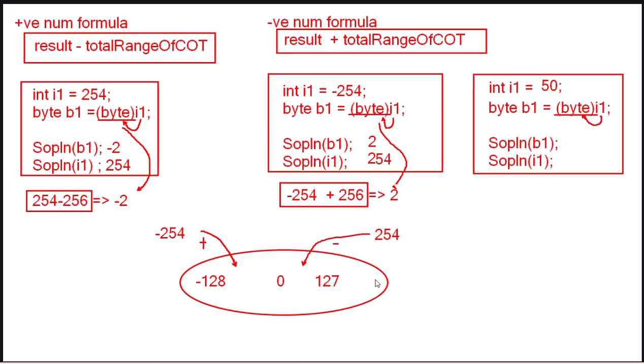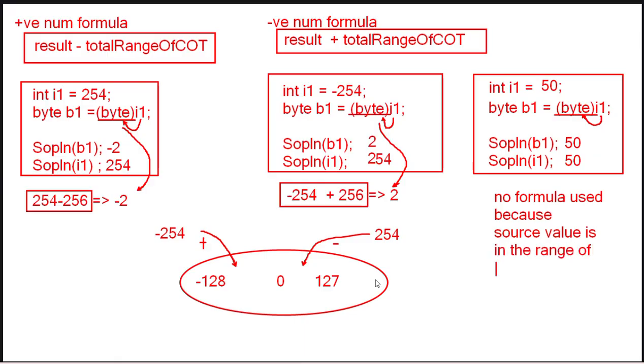Here the formula is not applied. Directly what is stored? 50. No formula, because the source value is in the range of the cast operator.